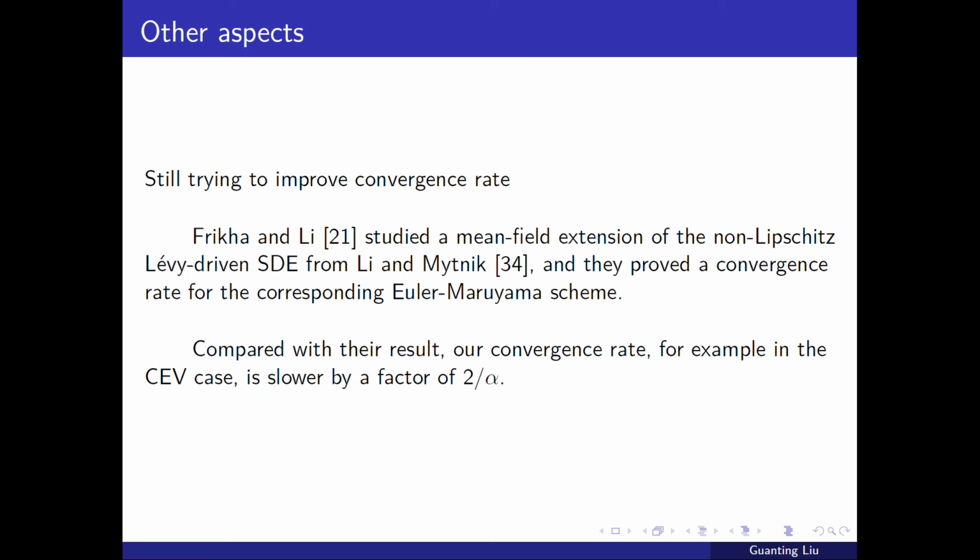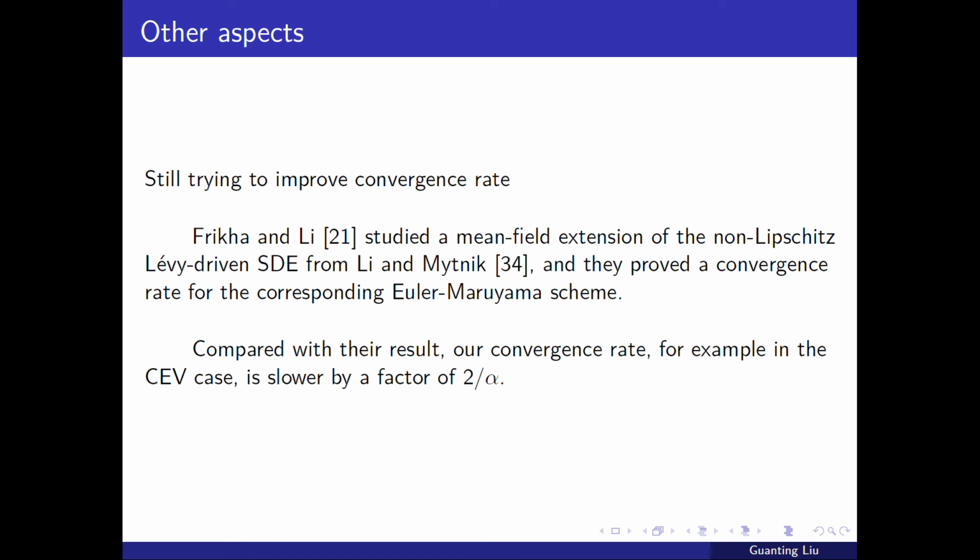Just one story, in their 2020 working paper, they study a mean field extension of the non-Lipschitz Levy-driven SDE from Li and Mimica, and they prove a convergence rate for the corresponding Euler-Maruyama scheme.